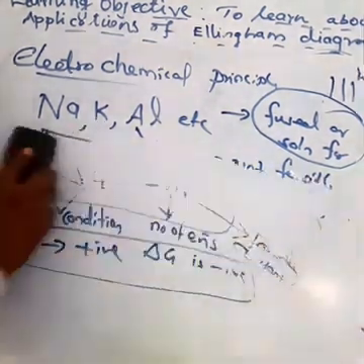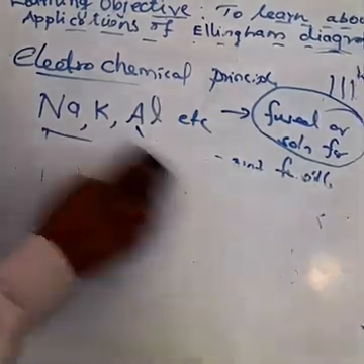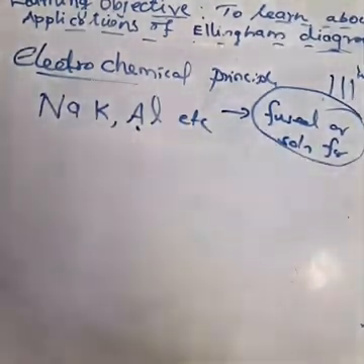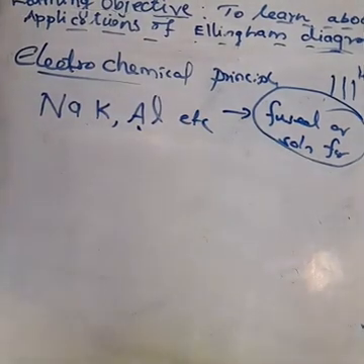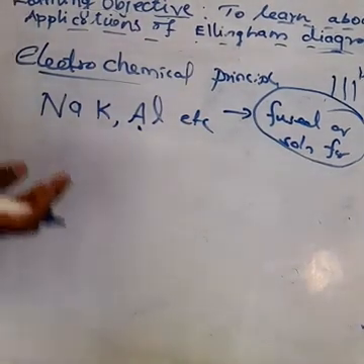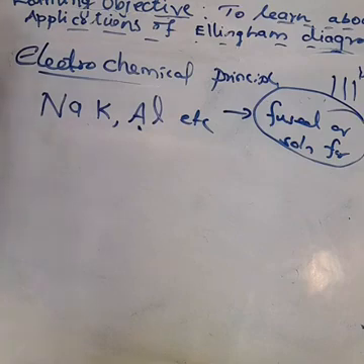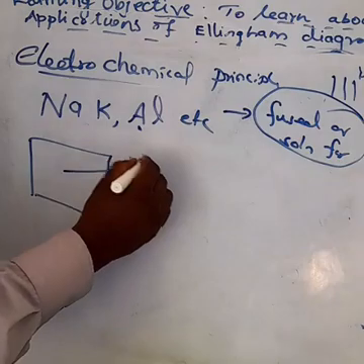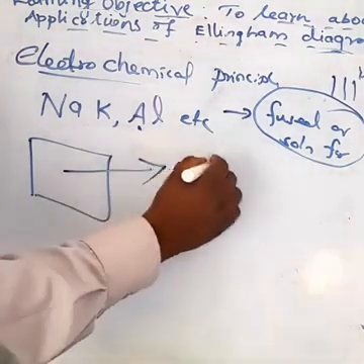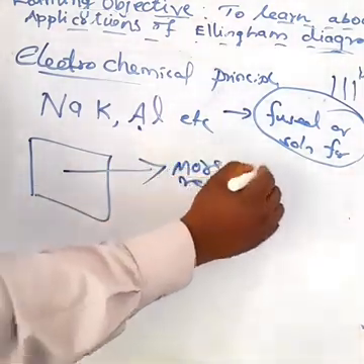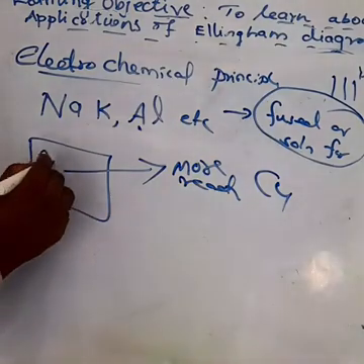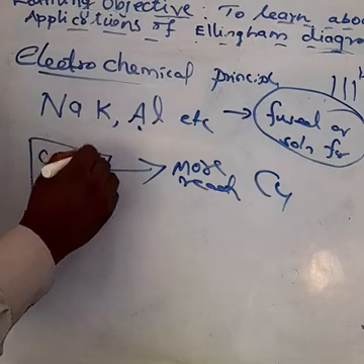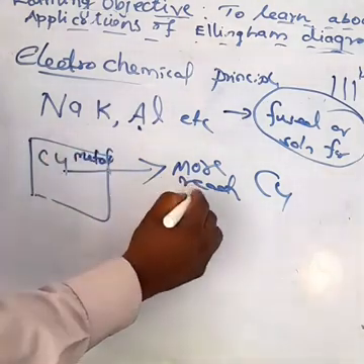Here, what is the main point? When a more reactive metal is added to a solution containing less reactive metal ions, can you understand? I am taking one solution containing copper metal, which we know is the more reactive metal.